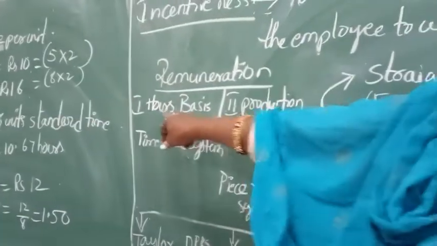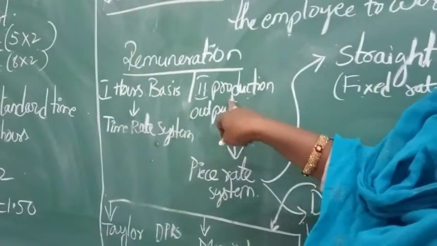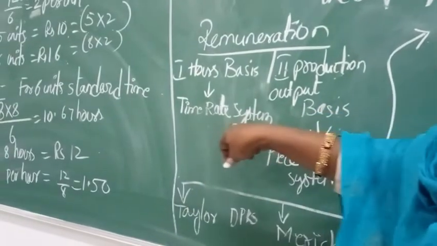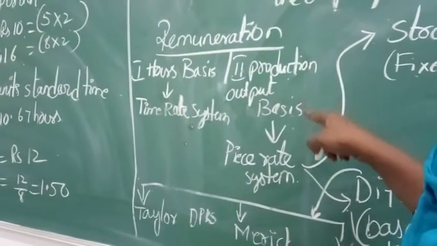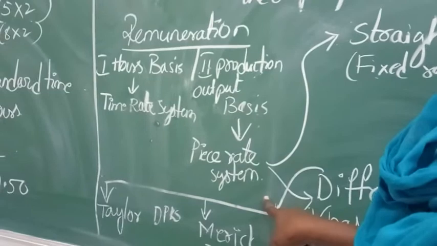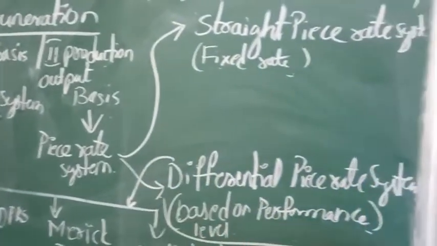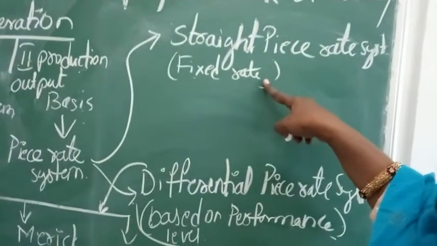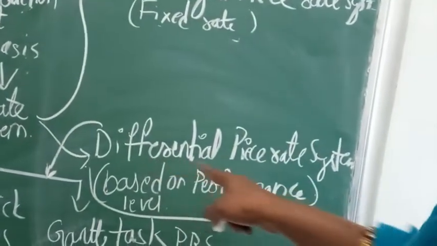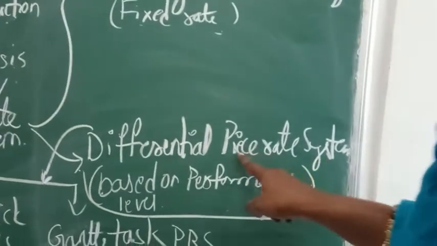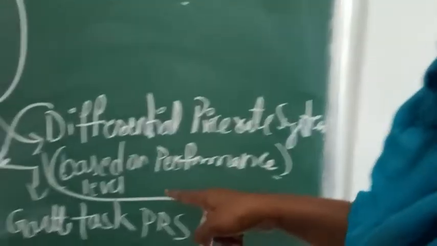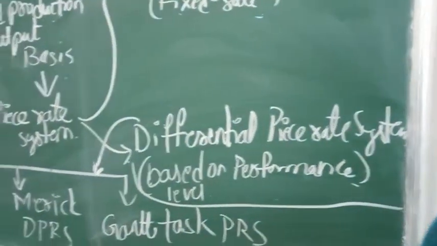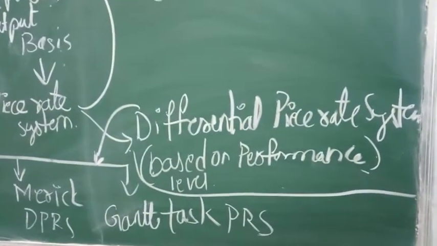One is hours based, the second is production and output basis. Under hours we have the time rate system. Under production we have the piece rate system, which is of two types: the standard piece rate system, also called the fixed rate system, and the differential piece rate system. The differential piece rate system is based on the performance level of the individual.